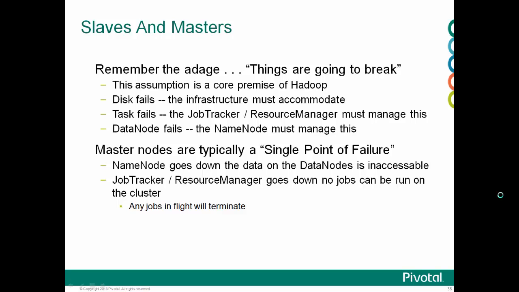If a job tracker or a resource manager node goes down, then no jobs can be run on the cluster. Okay? Any jobs that are in flight, if the job tracker or resource manager goes down, will terminate at that moment in time.